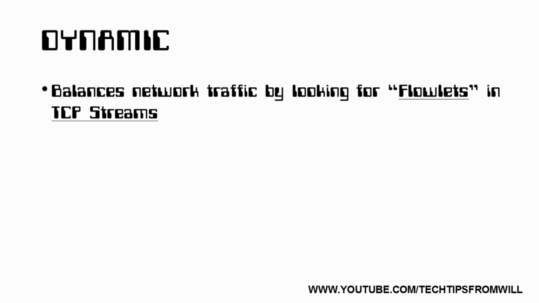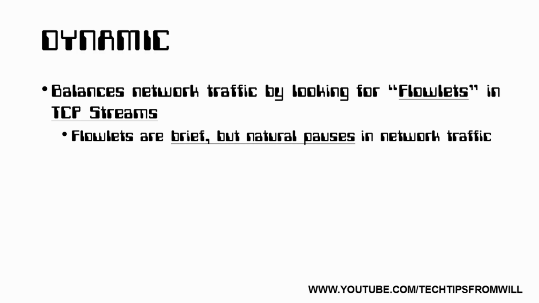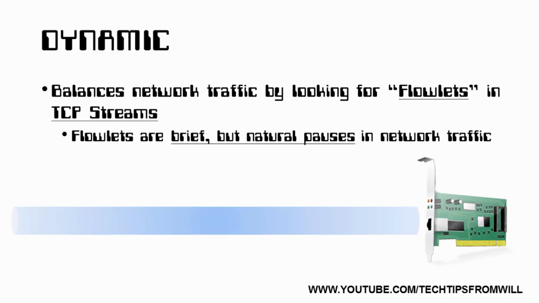A flowlet is a brief but natural pause in network traffic. That is, during a TCP stream, packets will be sent, followed by a brief pause, then more packets will be sent, followed by another brief pause, and then followed by more packets.